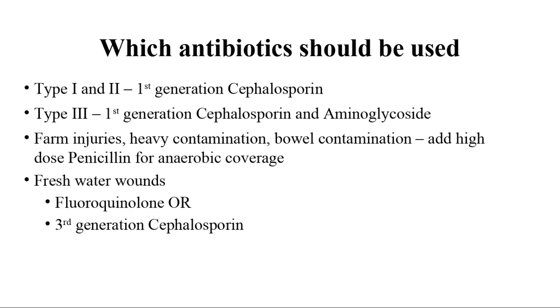But what I want you to remember is, as the degree of contamination gets greater, dependent on the size of the wound and the degree of periosteal stripping, so again, infection. So just say to yourself, okay, clearly the type 3s, A and B and C, the rate of infection is greater. So I need to give broad spectrum antibiotics for the type 3s. Good. So give a cephalosporin and an aminoglycoside. Okay.